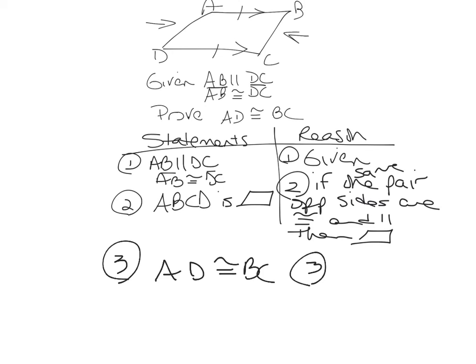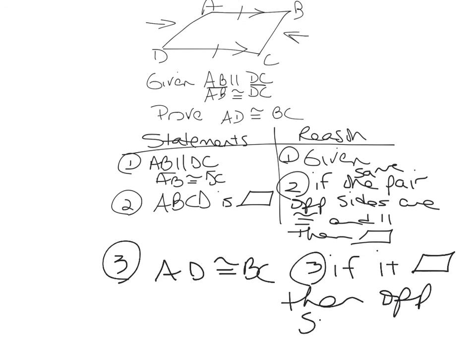Okay, so what we're going to say here is not what we just learned today, but what we learned the other day. So if it's a parallelogram now, then opposite sides are congruent. Good? So there'll be easy proofs if you know your properties.